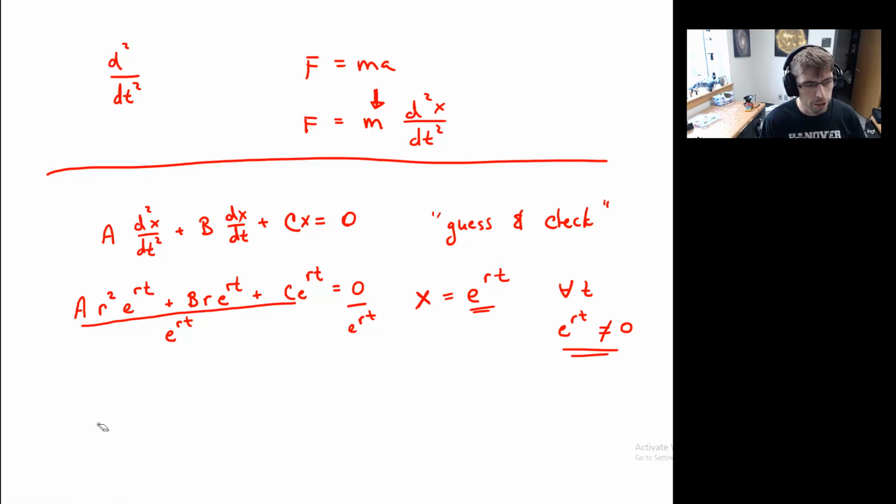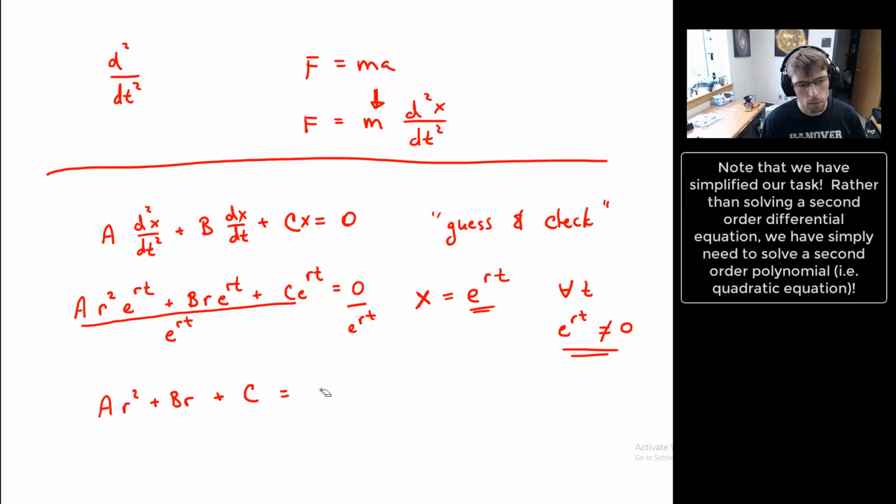And so we say, oh goody goody, and we end up with this expression, ar squared plus br plus c equals 0.